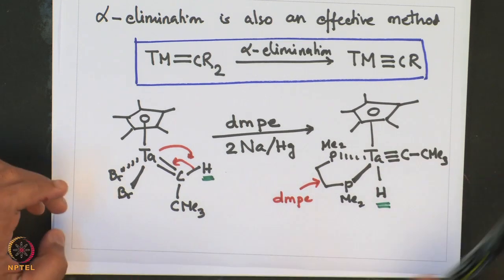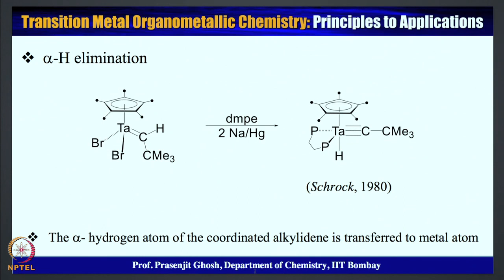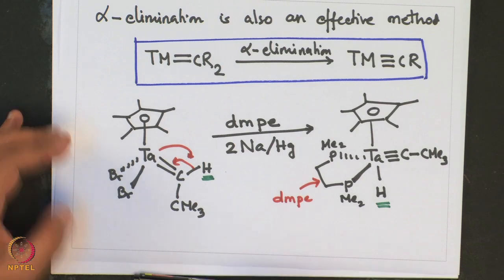This is a very interesting method for obtaining carbyne complexes. Here also we see that alpha elimination has been achieved on a carbene complex to result in the formation of the carbyne complex.